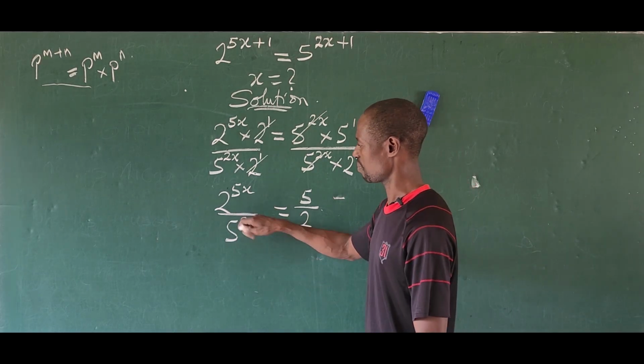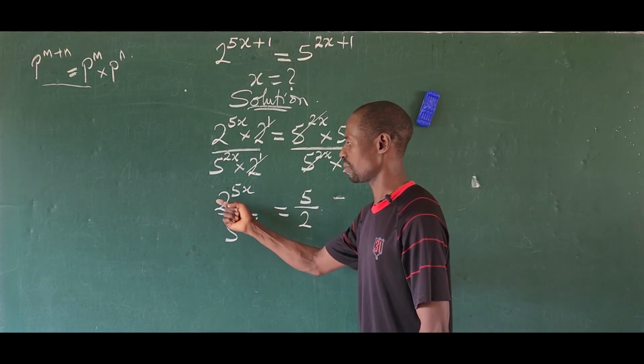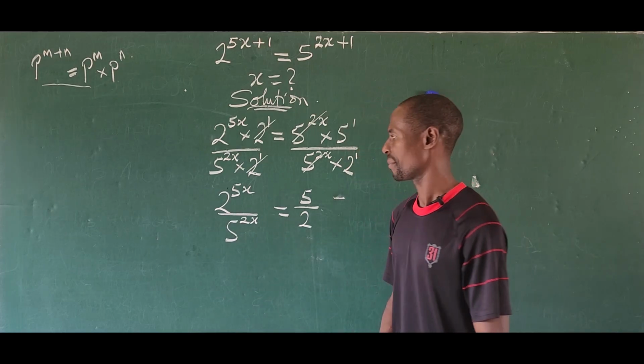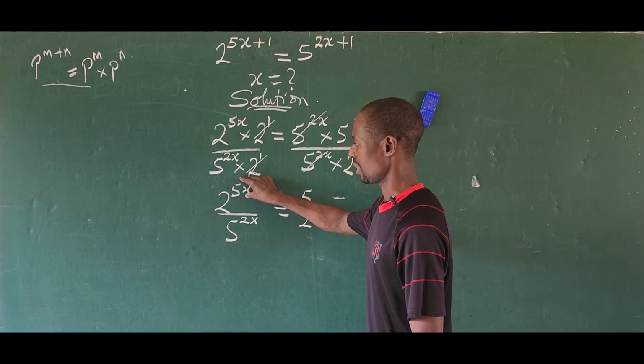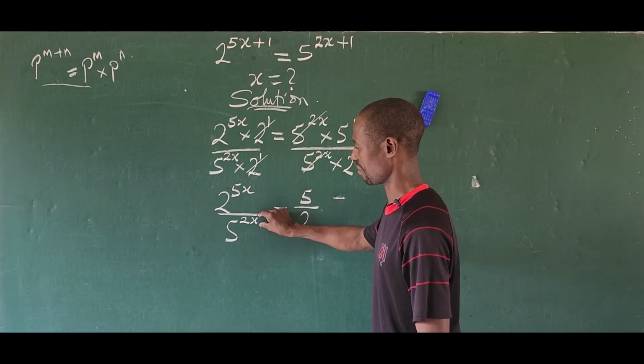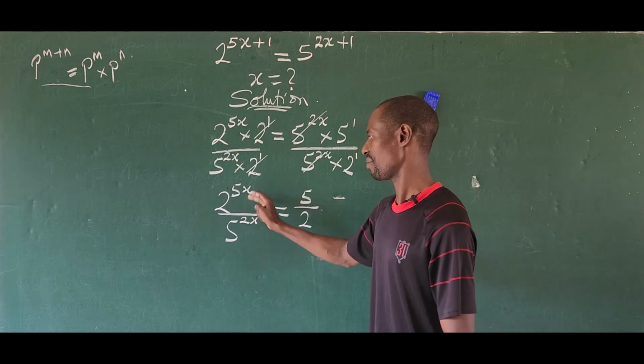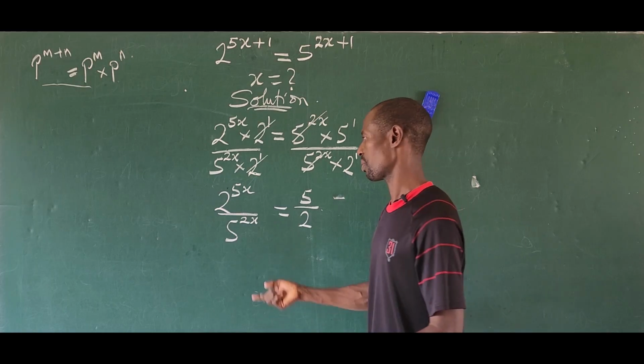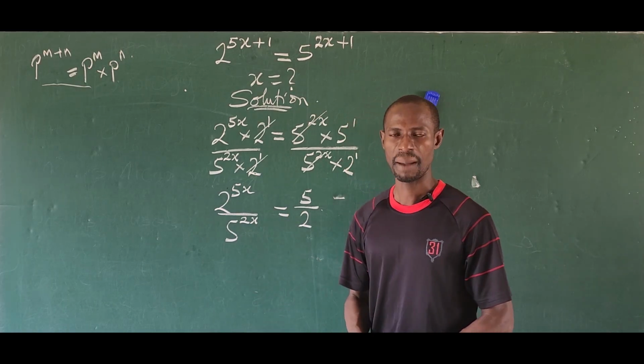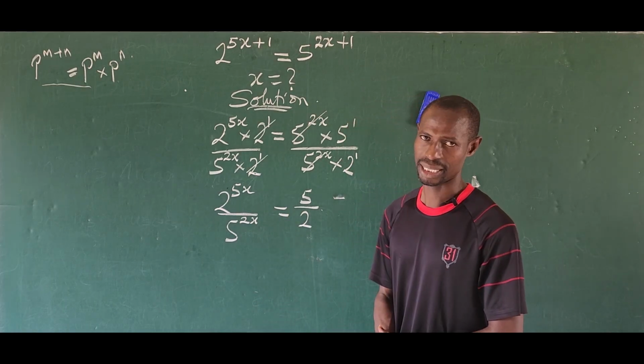Now look at this expression we have here now. This is base 2, this is base 5. And at the exponent, this term is different from this term, but we have something common here. The variable is common. We have x here, we have x here. We're going to rewrite these two expressions here. Apply the simple rule in indices.